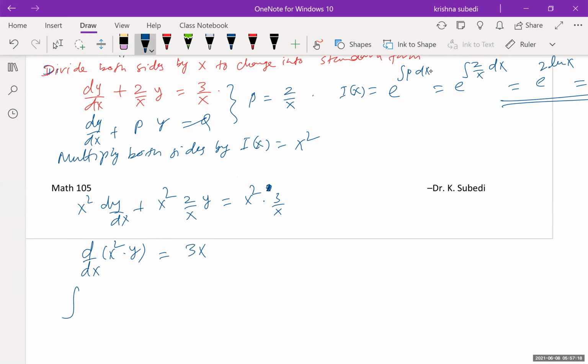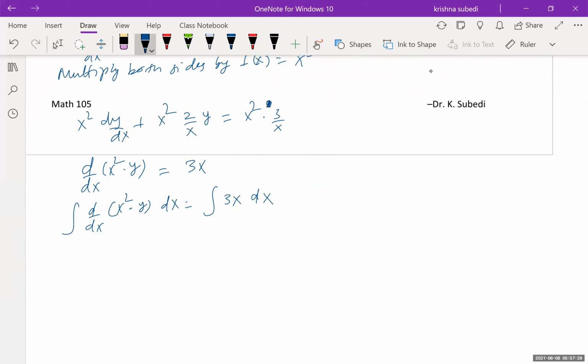Now integrate both sides with respect to x, so you're going to get the integral of d over dx of x squared times y dx equals the integral of 3x dx. So here, derivative and antiderivative, you simply get x squared y equals 3x squared over 2 plus c.